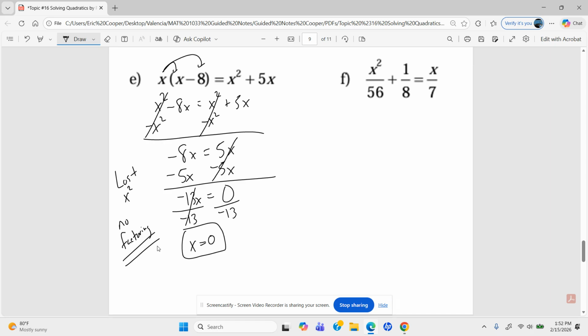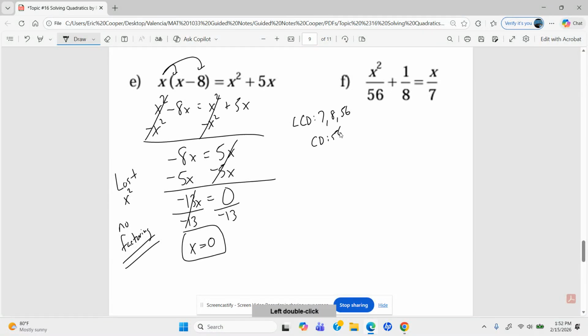Same thing for f, but we have fractions, so we need to find a common denominator between 7, 8, and 56. But we know that 7 and 8 both go into 56, so the common denominator in this case is 56. We're going to take each of these fractions and multiply them by 56 to get rid of the denominator.